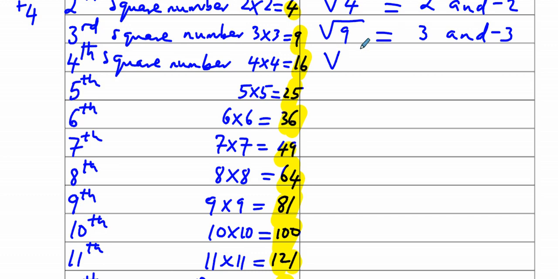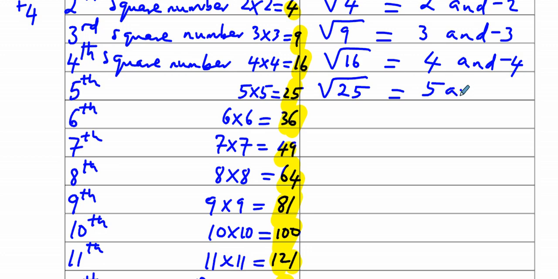Okay, so the square root of, say, 16 will be equal to 4 and -4. And how about the square root of 25? Same thing. This will be equal to 5 and -5. The square root of 36 will be equal to 6 and -6. Why?